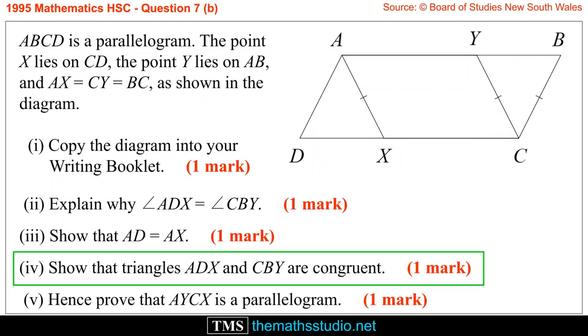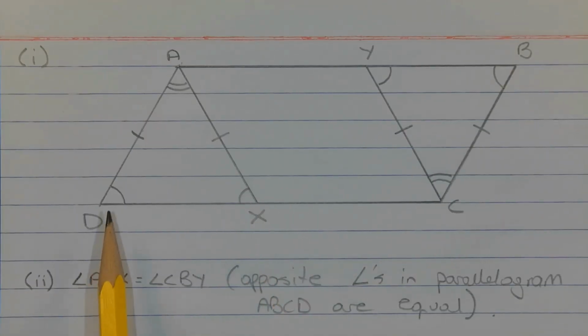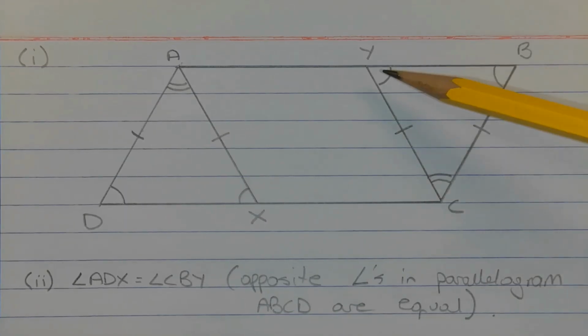Part 4. Show that triangles ADX and CBY are congruent. Angle AXD equals angle ADX, which equals angle CBY, which equals angle BYC. And the reason is base angles of isosceles triangles ADX and CBY.